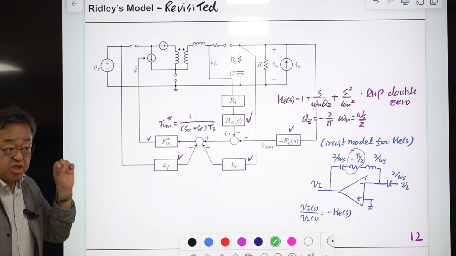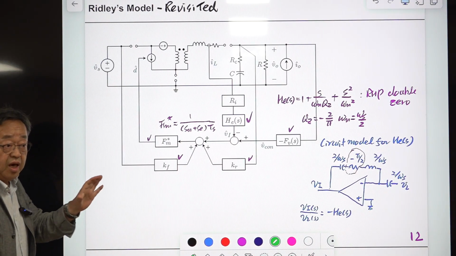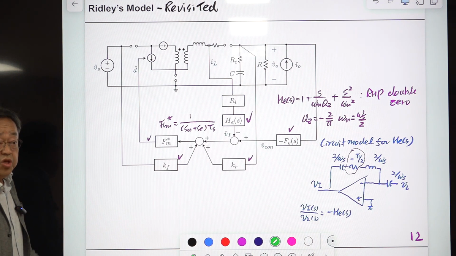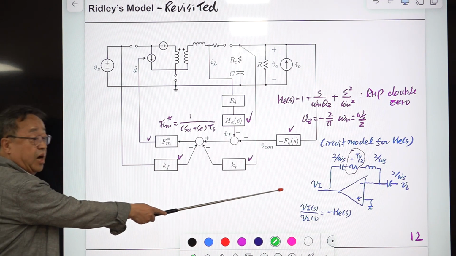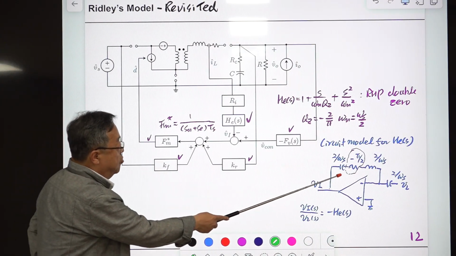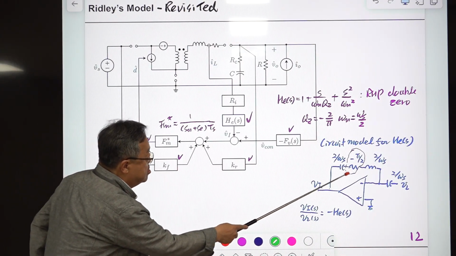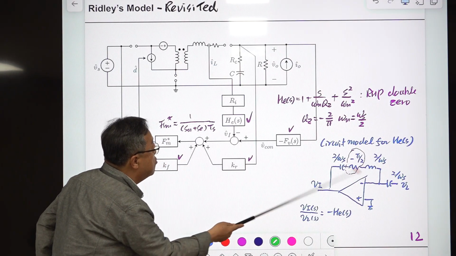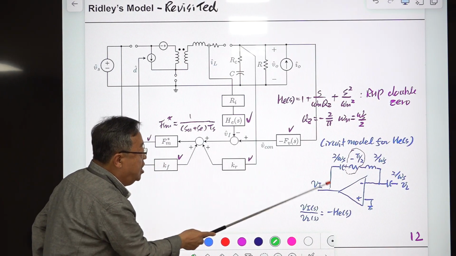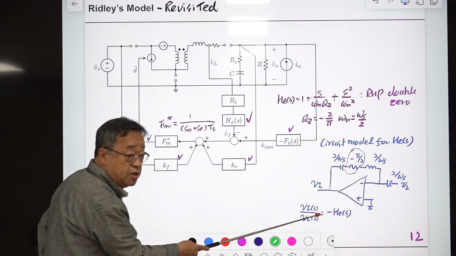But if you use a circuit model like ORCAD or PSIM, you need to have some simple circuit model for this. This is the model. If you find the transfer function, this is G2, this is G1, G2 divided by G1 will be this form, with a negative sign in front of this.